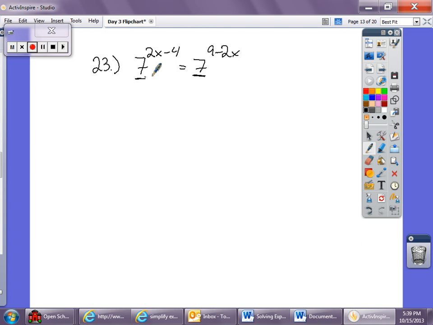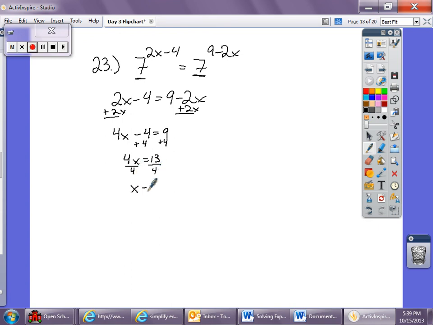So what we can say is that 2x minus 4 equals 9 minus 2x. Same bases. Now we solve it, so we want to do plus 2x, plus 2x. So we have 4x minus 4 equals 9, plus 4, plus 4. 4x equals 13, and divide by 4. x equals 13 divided by 4.